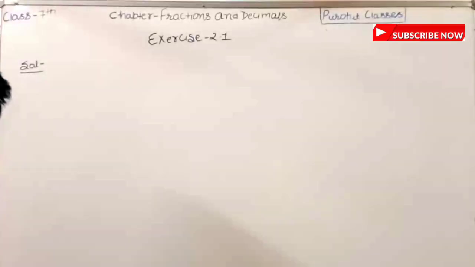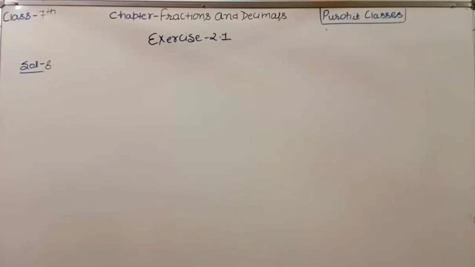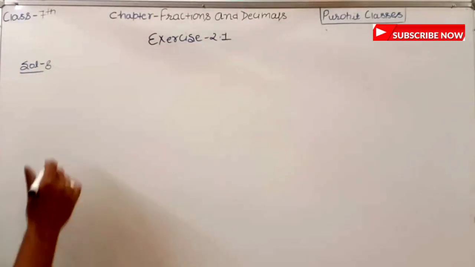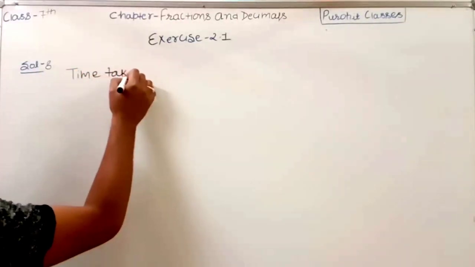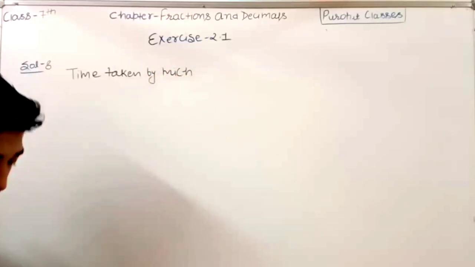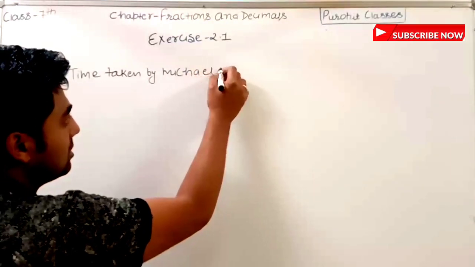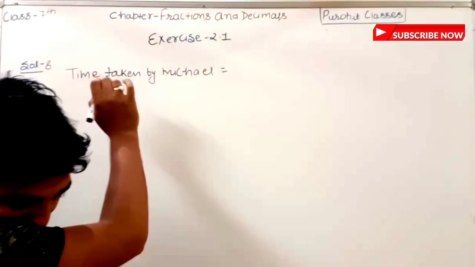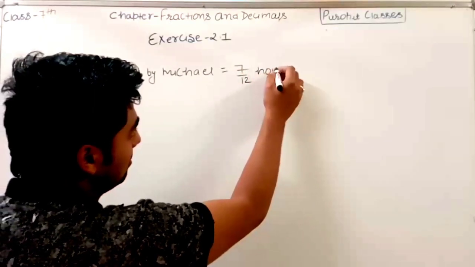Next question, part number 8. Question number 8 says, Michael finished coloring a picture in 7 by 12 hour. So time taken by Michael is 7 by 12 hour.